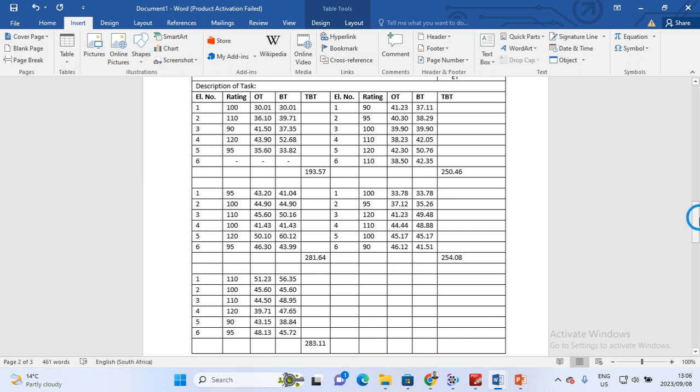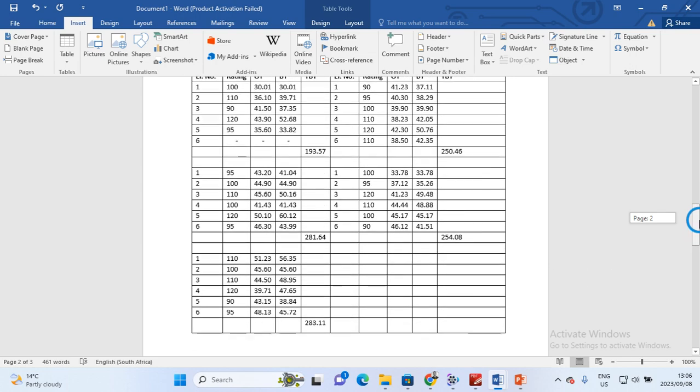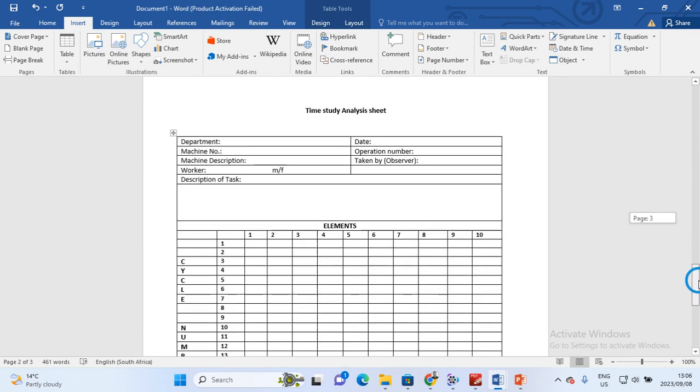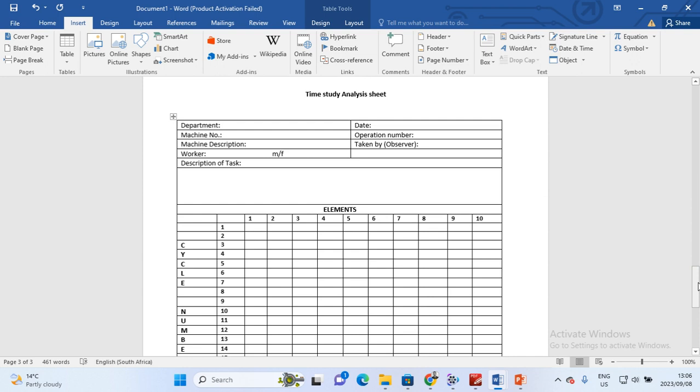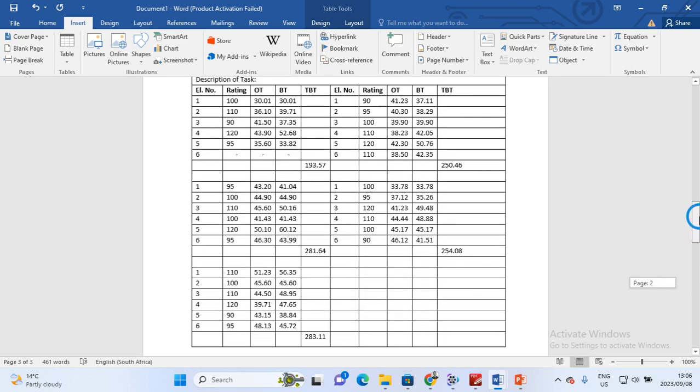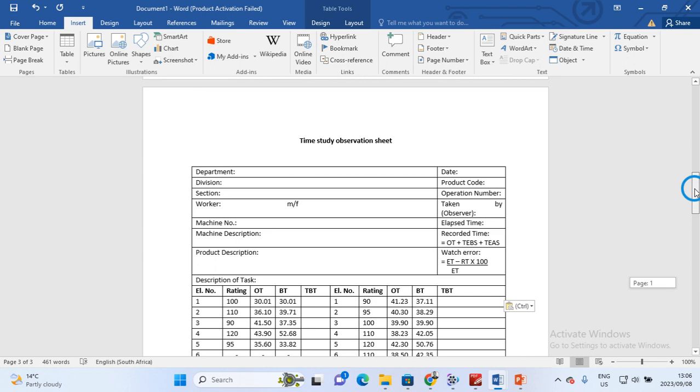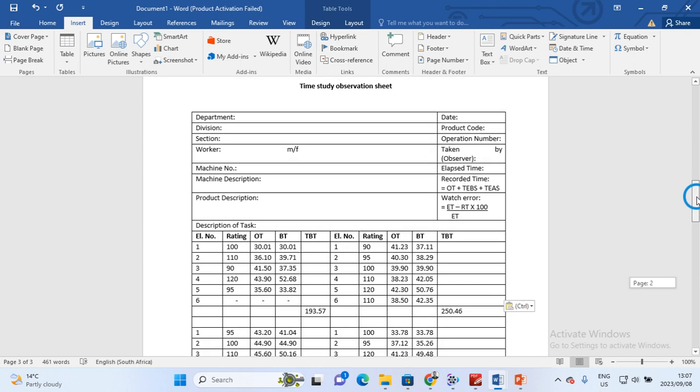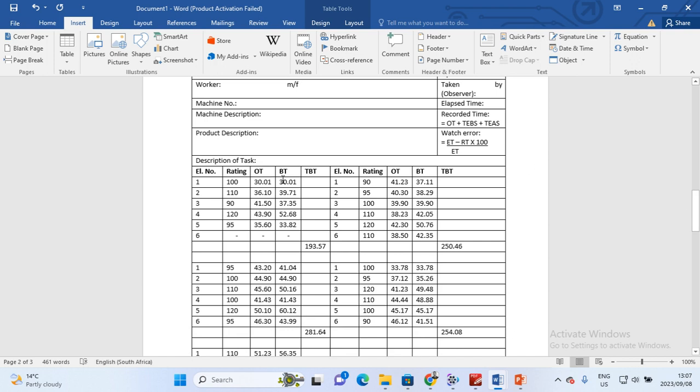But in this particular activity, we only have 5 cycles. So for us to fill these tables, we're going to make use of our basic time. We have to go back to our time study observation sheet. And this is our basic time.